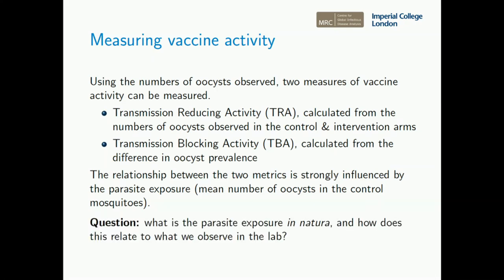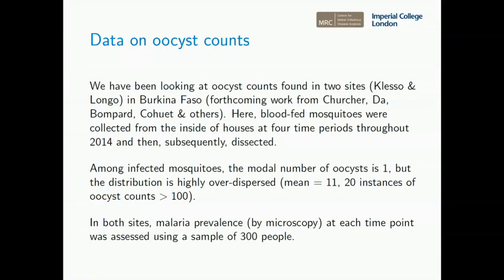That leads us on to the question: we can measure this in the lab, but how does this compare with what we find in naturally infected mosquitoes? We've been looking at data collected in two sites in Burkina Faso where blood-fed mosquitoes were collected from the inside of people's houses, housed for 7 days and then dissected.